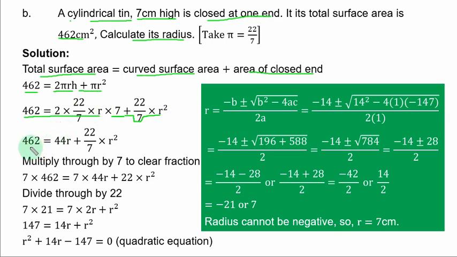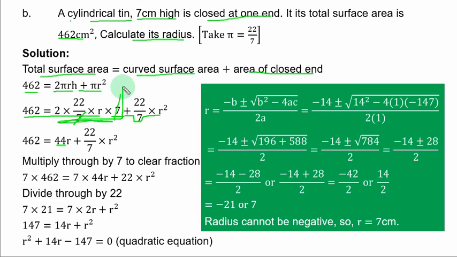All right, so we have 462 equal to 2 times 22 is 44. This 7 can cancel this 7.